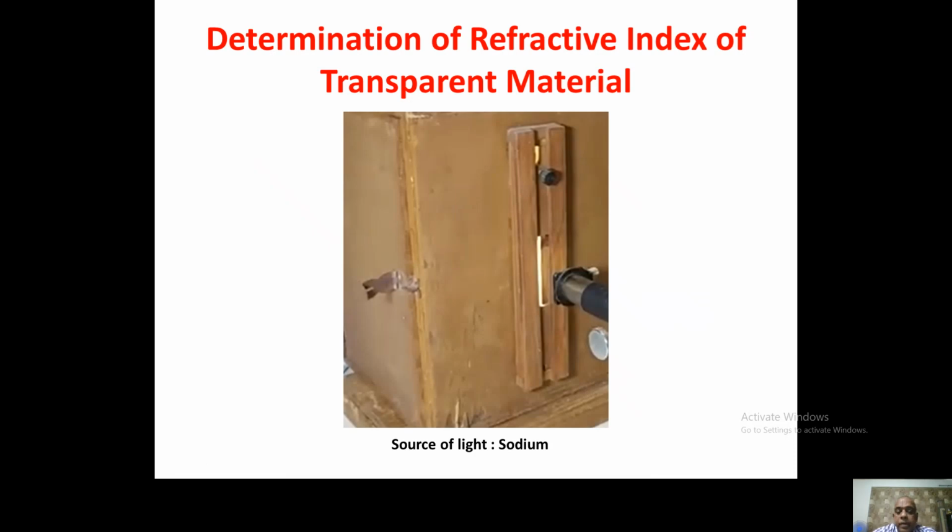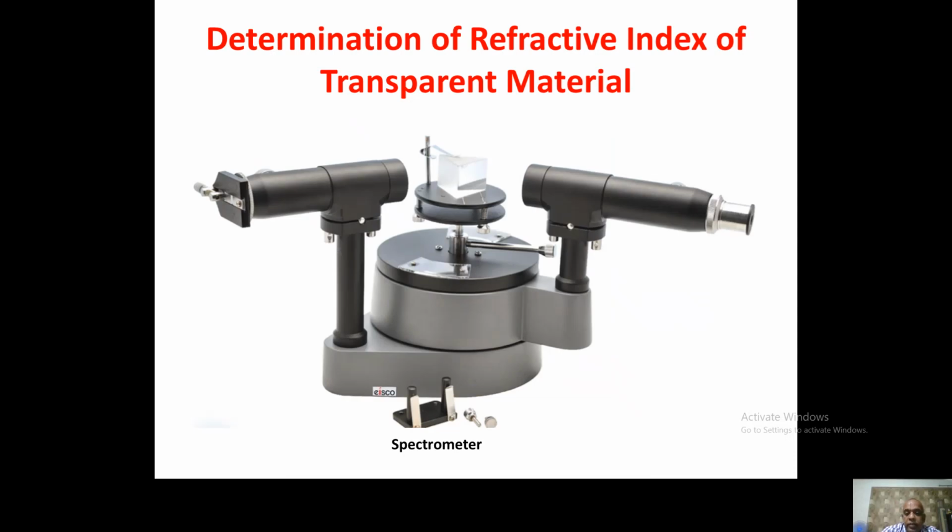Now, what apparatus is used to perform this experiment? You are familiar with the monochromatic source of light, that is, sodium. This is the monochromatic source of light. This is our spectrometer. In this spectrometer, this is the collimator.